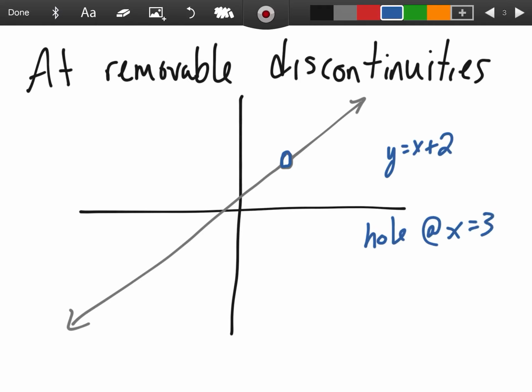Well, what would be the y value? What's my y value approaching? You're just going to take this and plug it in right here. The coordinate of that hole would be (3, 5) if it were filled in. So to get that removable discontinuity, you're just going to take what's left after you've crossed off the two factors that cancel with each other, and then just plug in the value there. And that will give you what the value would have been.